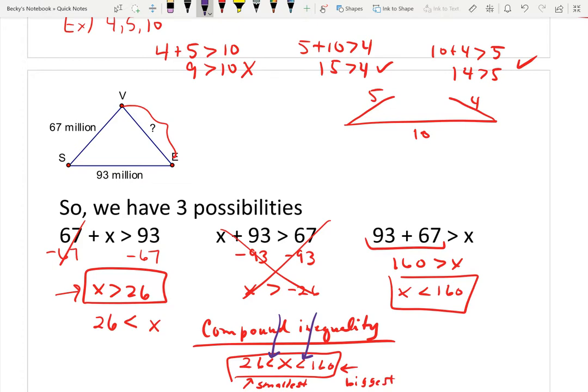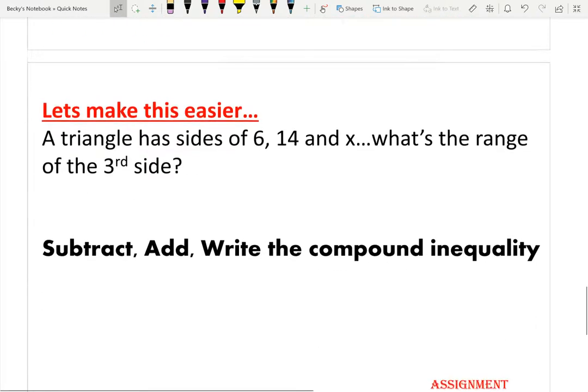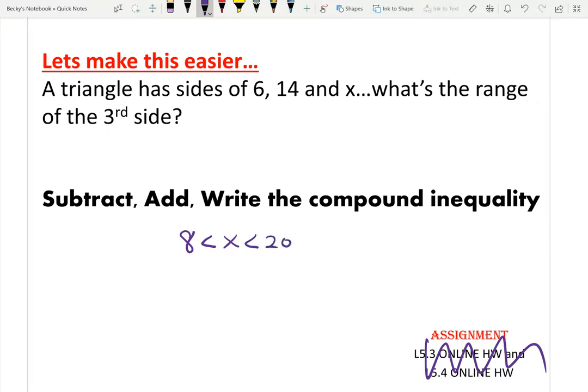Now, we can do this a faster way, honestly. Let's make this easier. If you have triangles of 6 and 14 and you're trying to find the range of the third side, all you have to do is subtract the two numbers, add the two numbers, and write the compound inequality. We're ignoring this down here. So 14 minus 6 is 8. So let's subtract and put the smaller number, and we know it's a less than sign, and then an x and a less than sign, and then we're going to add the two numbers and get 20.